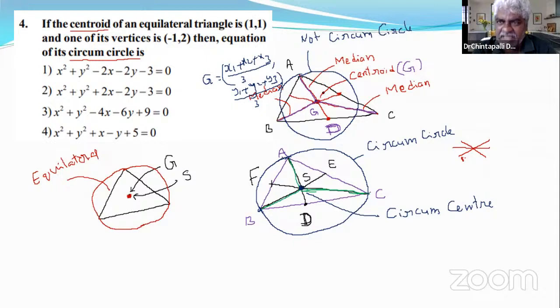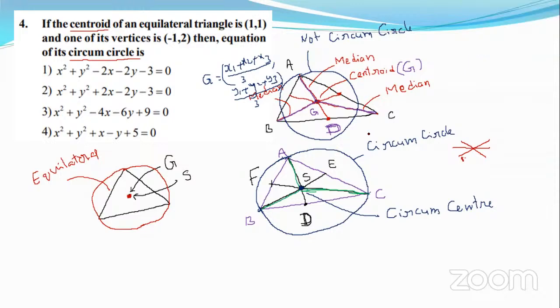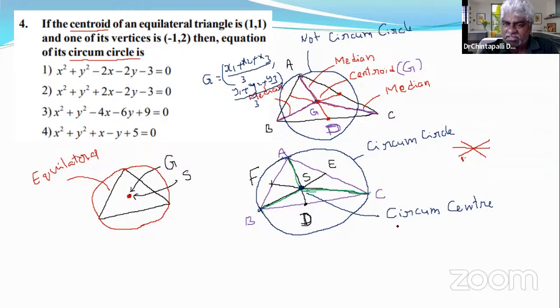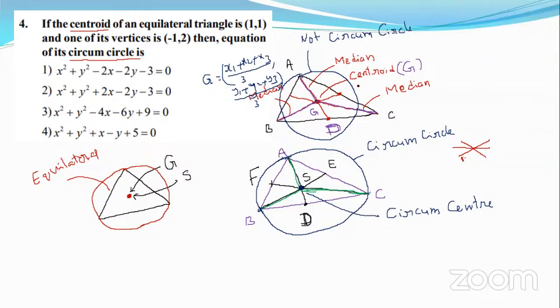If you try to draw a circle, it cannot be a circumcircle in general. Which center is associated with the circumcircle? In general, the circumcenter. Only the circumcenter is associated with the circumcircle, not the centroid.